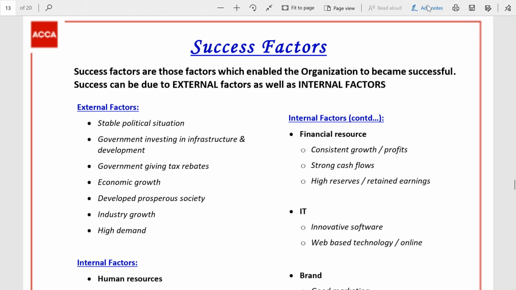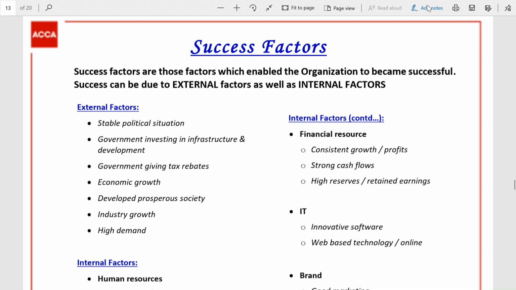Think of 3 examples of external factors due to which an organization can be successful, which can help organizations to succeed. There could be many examples of external factors which could enable companies to perform well.